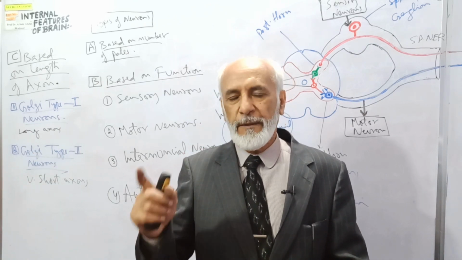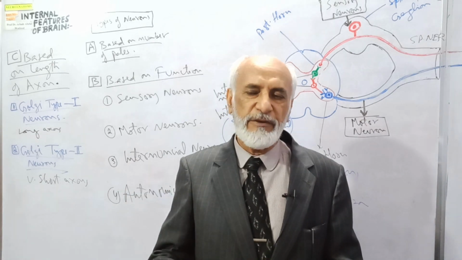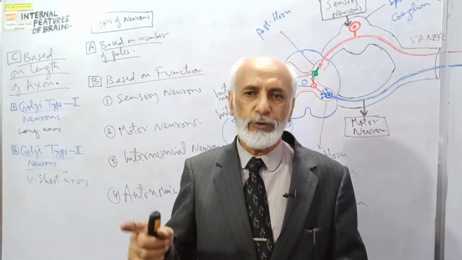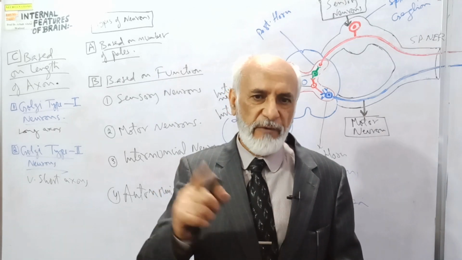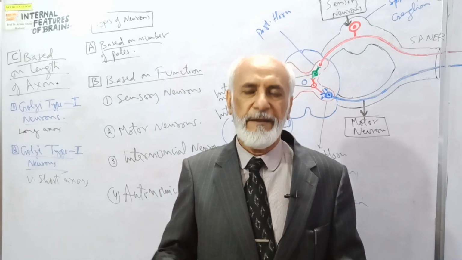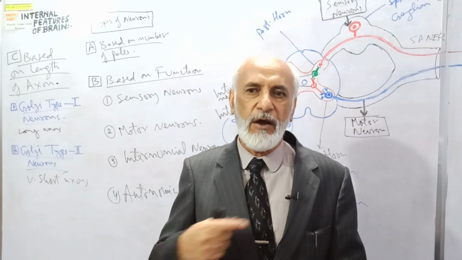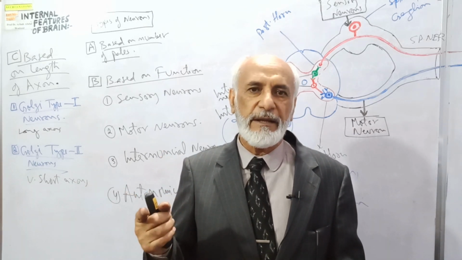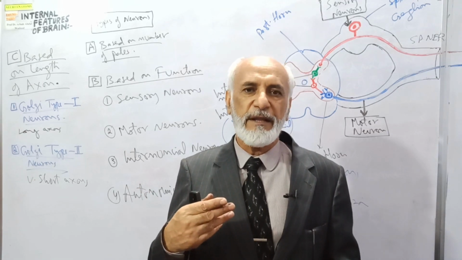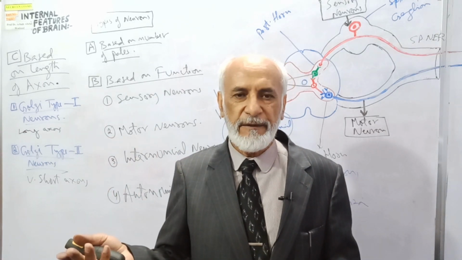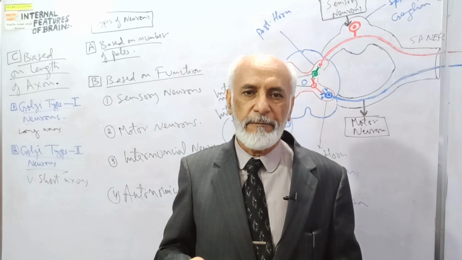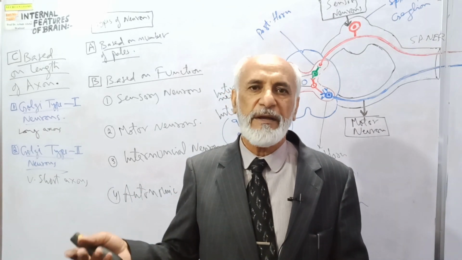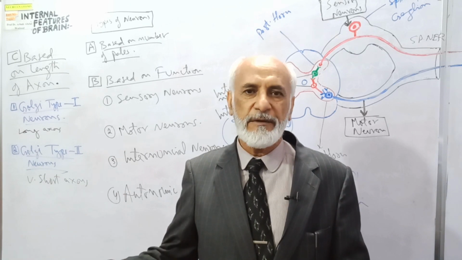So, based on length of the axon, we divide the neurons into types: Golgi type 1 neuron and Golgi type 2 neuron. Golgi type 1 neuron has very long axons. Their axons leave the gray matter and run through the white matter in the form of various tracts to various parts of the brain, and even leave the brain and spinal cord in the form of cranial nerves and peripheral nerves.